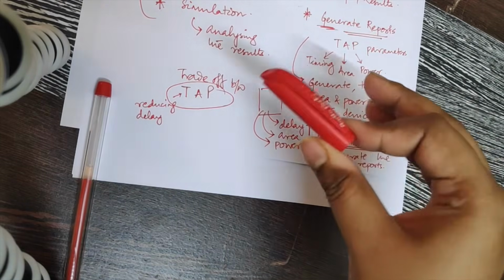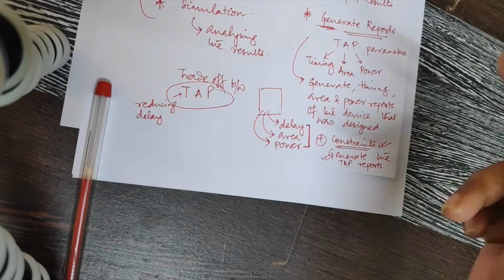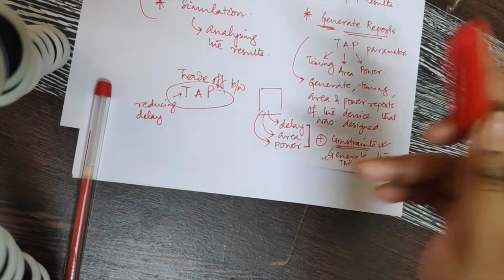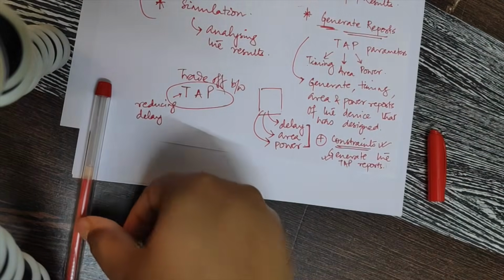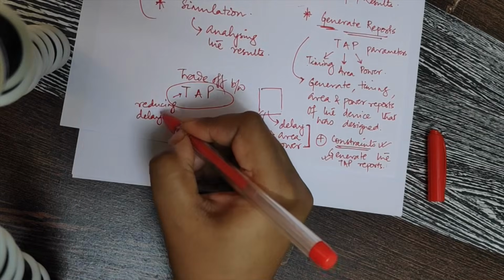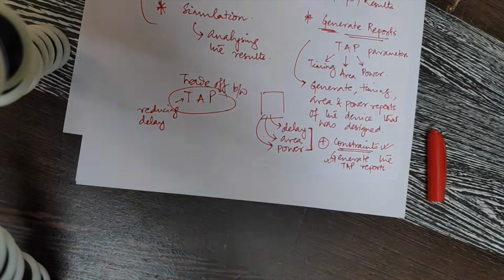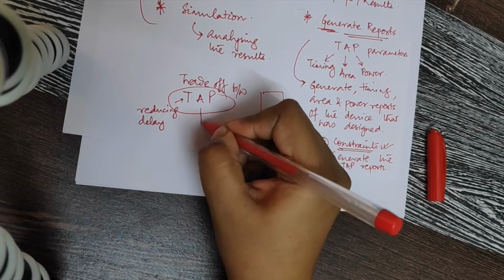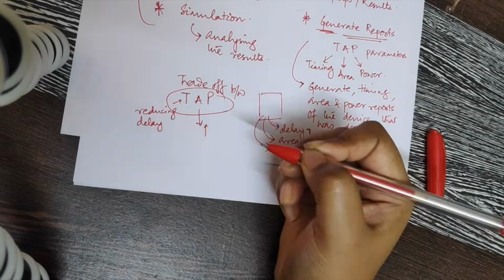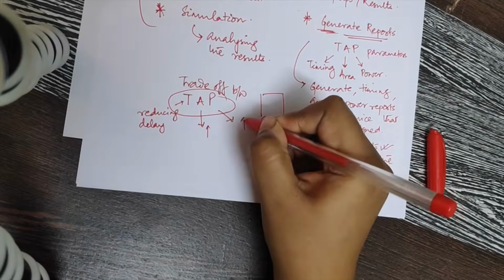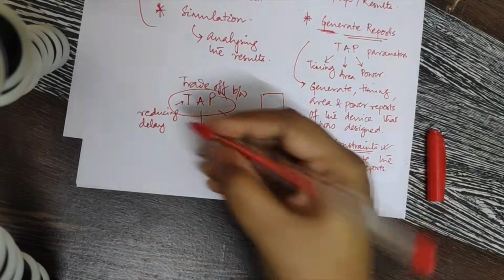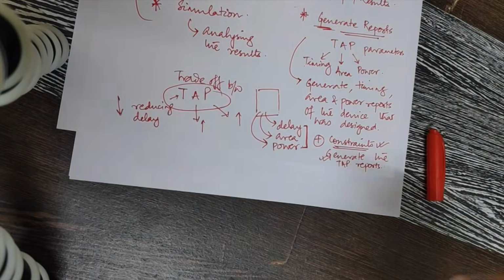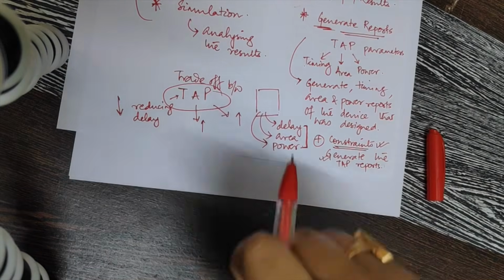Now I have made the delay as 0.001. So if I am going to reduce the delay, it might so happen that area might increase, power might increase if I am reducing delay. That is the statement of trade-off.